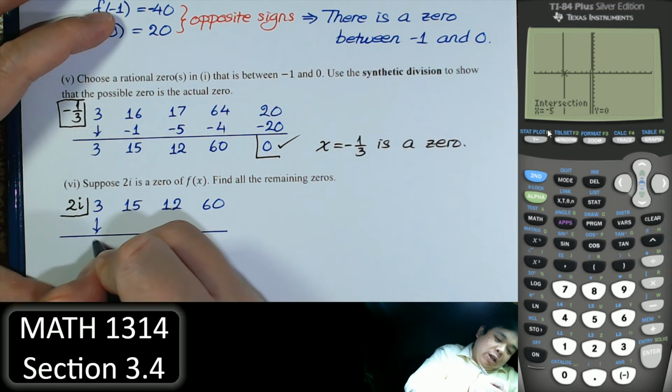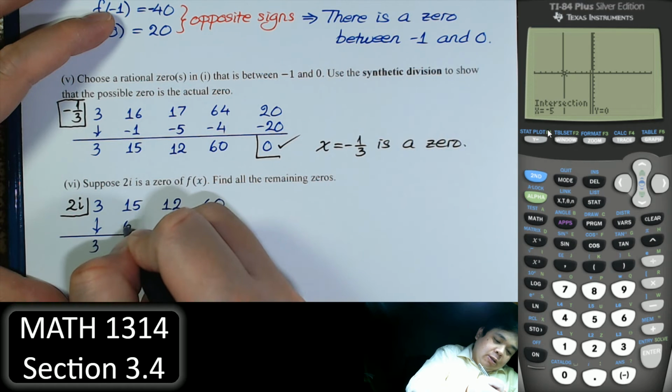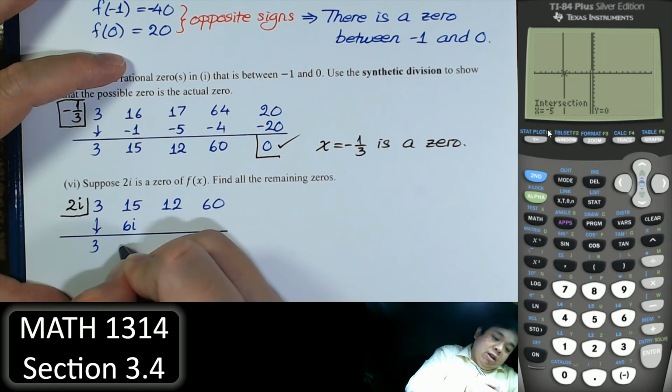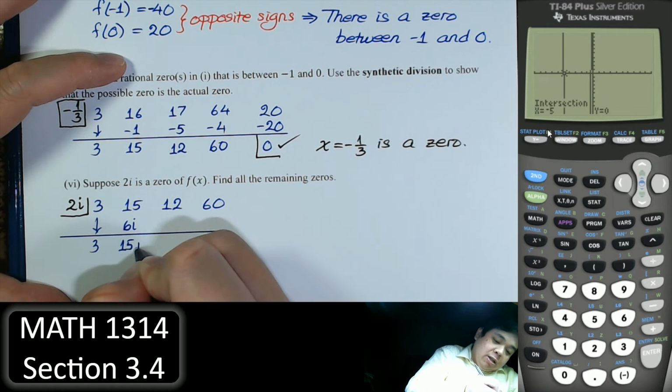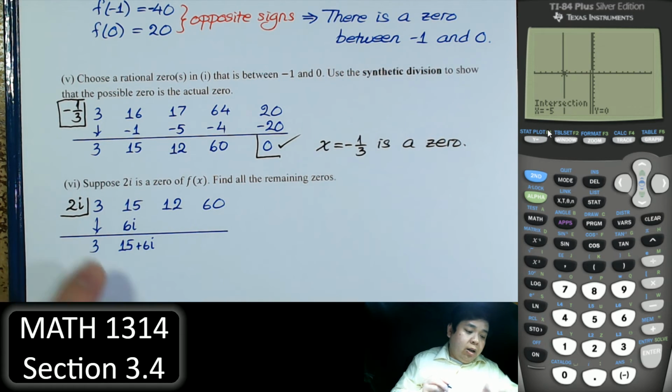Right, write out 3 times 2i, 6i. 15 plus 6i is 15 plus 6i. And then multiply.